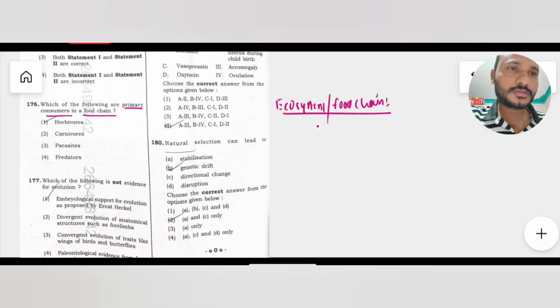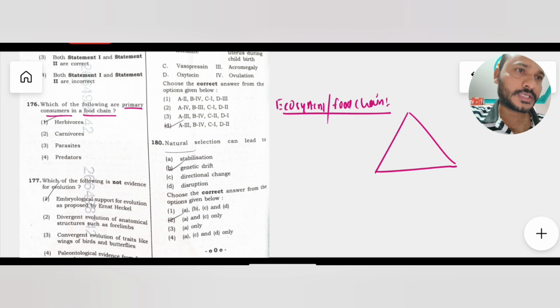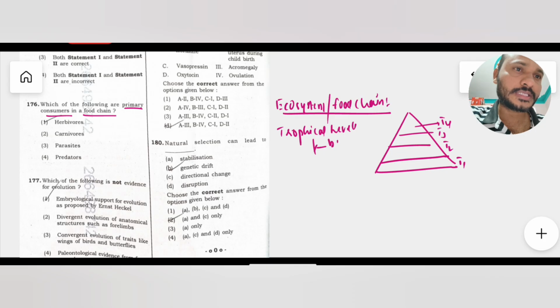Yes. So generally in a food chain we have various trophic levels, like trophic level 1, T1, T2, T3, T4. Generally this is very, very important. Trophic levels are classified based on source of nutrition.